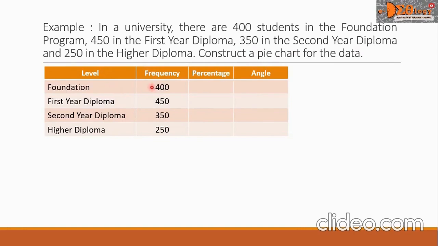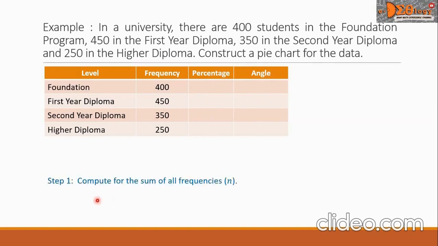There are 400 students in the foundation program, 450 students in first-year diploma, 350 students in second-year diploma, and 250 students in higher diploma. There are two additional columns, namely percentage and angle, that we're going to fill in.